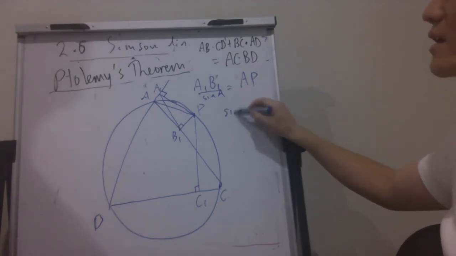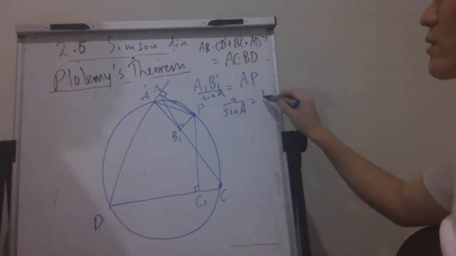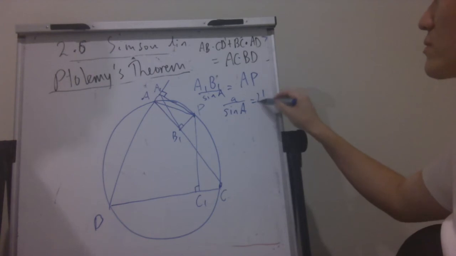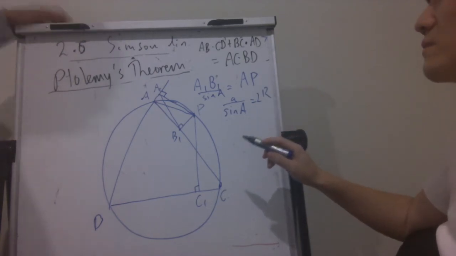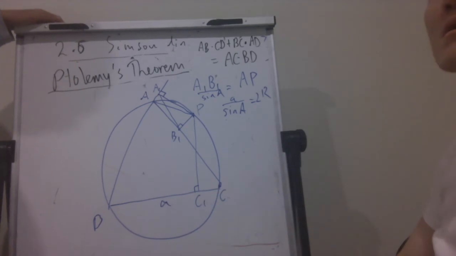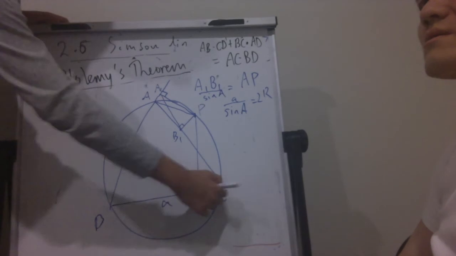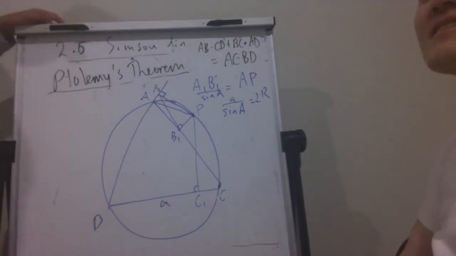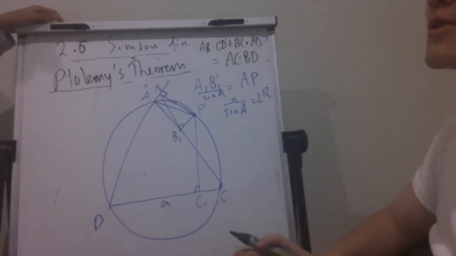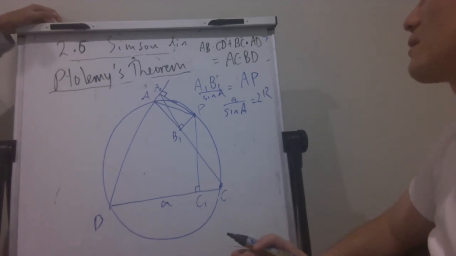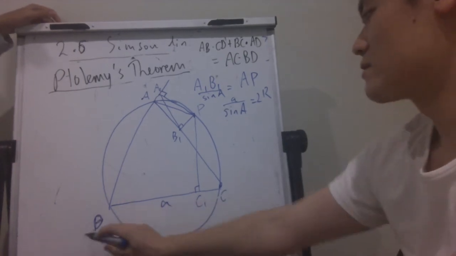And then you know that sine A, using little a, is equal to the same thing, 2R. That's the point of this presentation of Ptolemy. It's CD, not C1D. And CB.